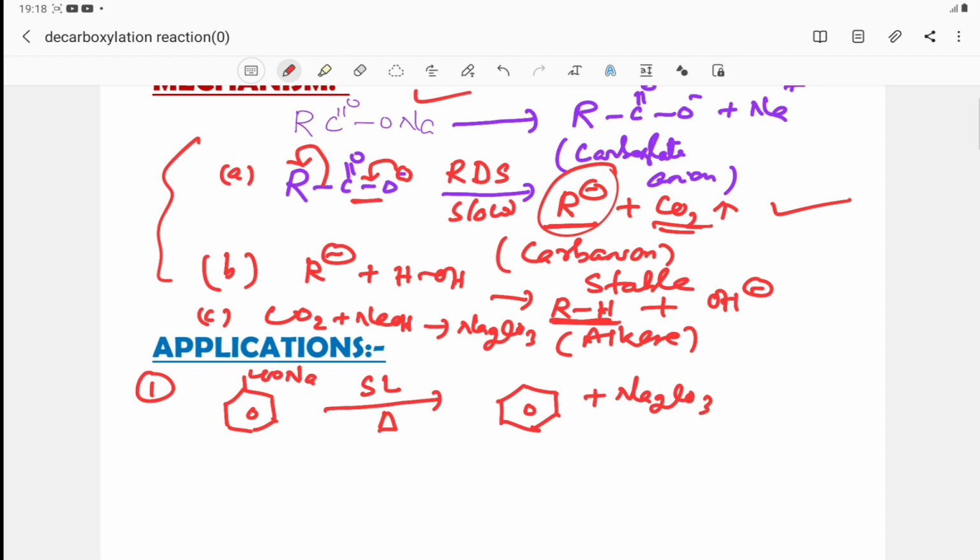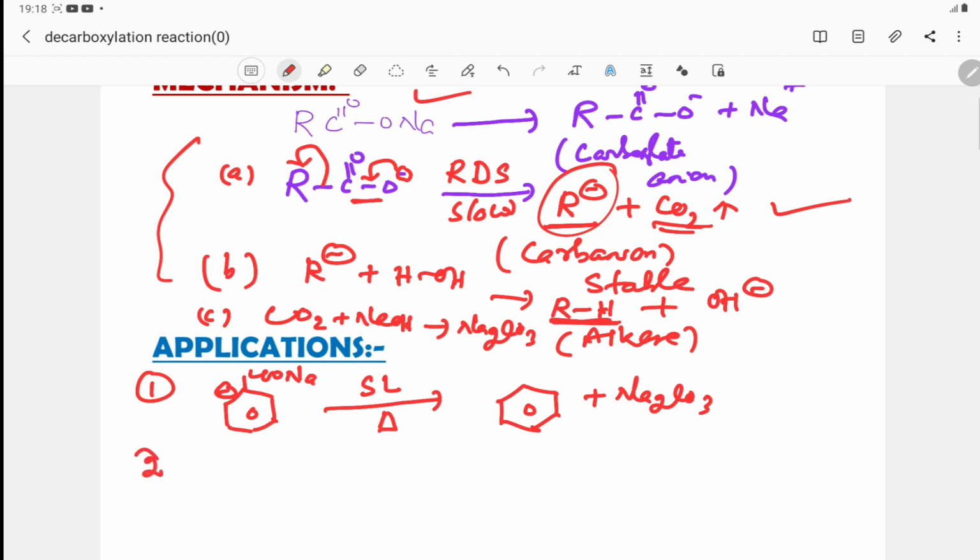In the mechanism, the phenyl carbanion is produced. This phenyl carbanion reacts with water forming benzene. So the product is benzene. In the same way the product will form; it depends upon the nature of the reactant, the sodium salt of carboxylic acid that is taken.